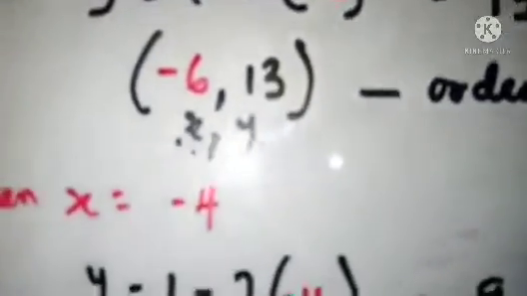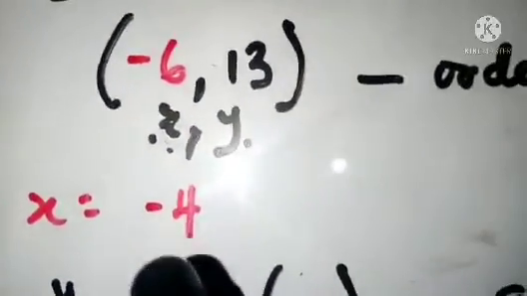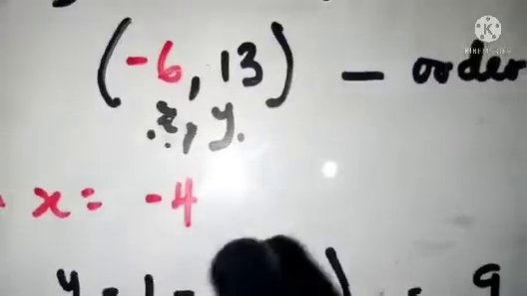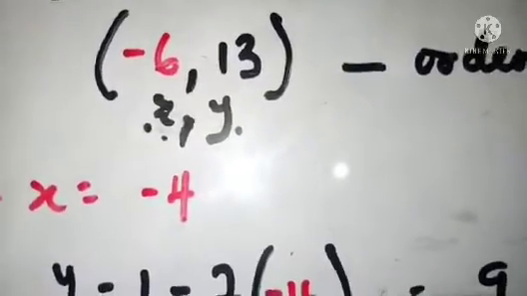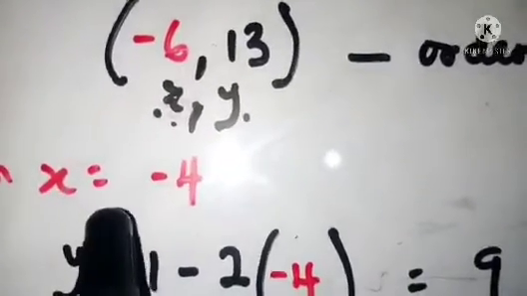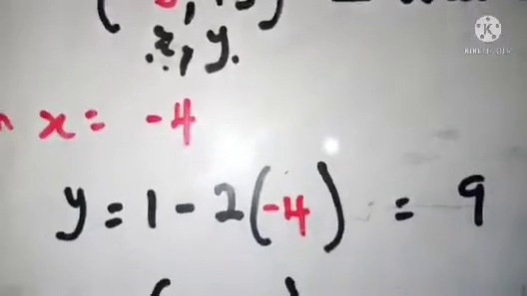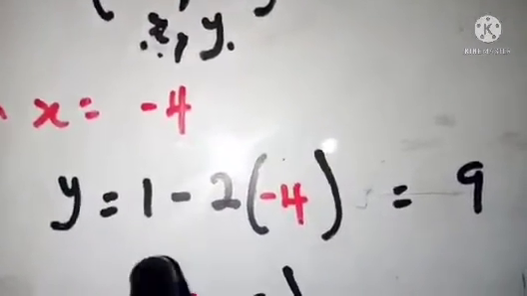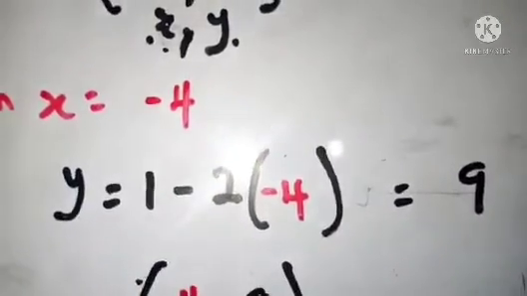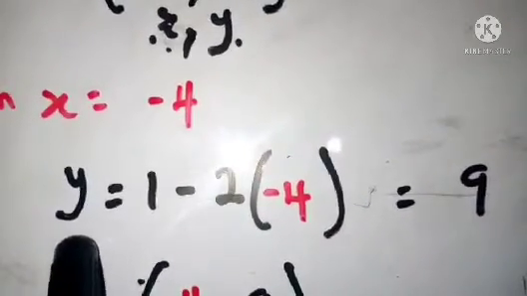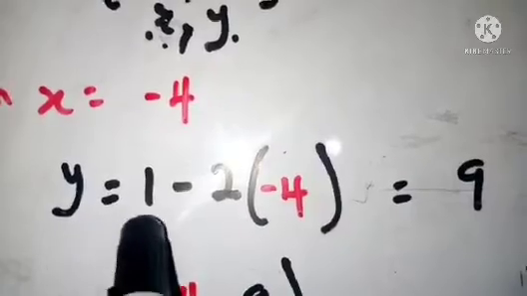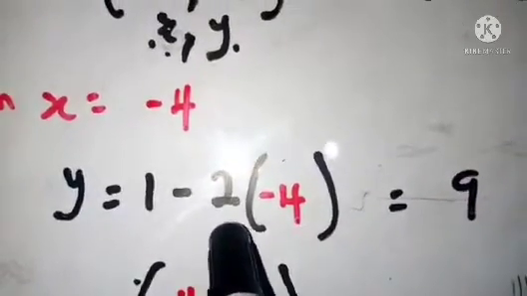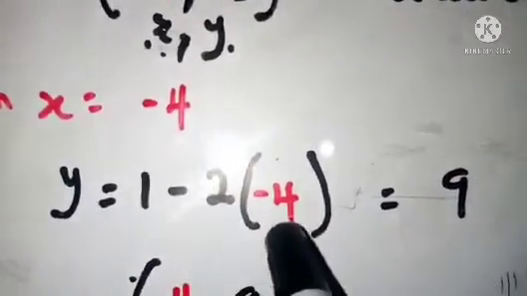So what about if x is equal to minus 4? I just choose some random numbers for x, right? Because you are not given any input. When x is equal to minus 4, the same thing. The input is minus 4. What is the output? You have to use the machine to transform this to get the output. To get your partner, you have 1 minus 2 multiplied by the input, which is minus 4 here.